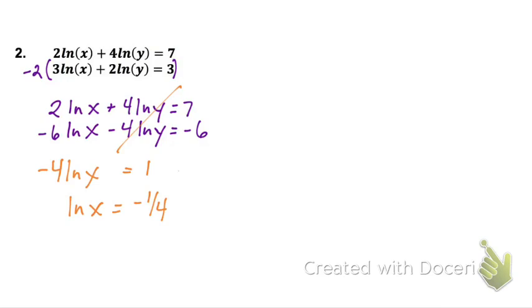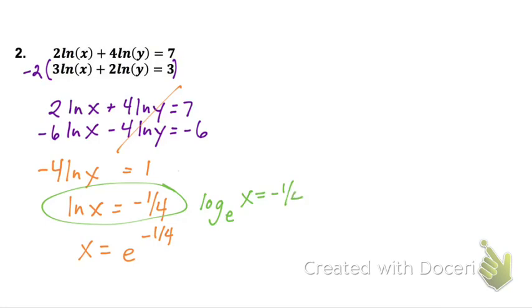It's in log form. How do I convert it to exponential to get the x by itself? Switch it. So it becomes x equals what? e to the negative 1/4. This is the part that is difficult. I could rewrite this as log base e of x equals negative 1/4.